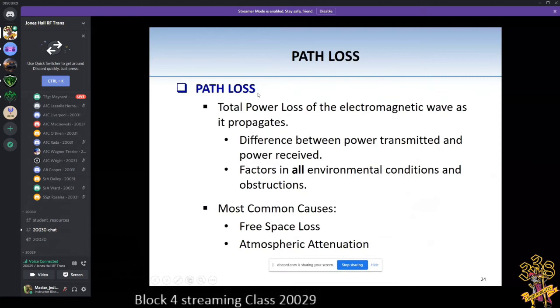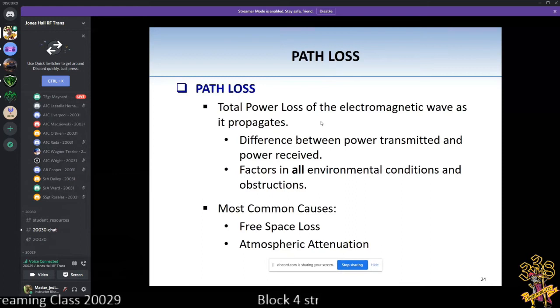Now, path loss, on the other hand, is anything that affects the signal. It factors in all environmental conditions and obstructions. It is the total power loss between the transmitting antenna and the receiving antenna.